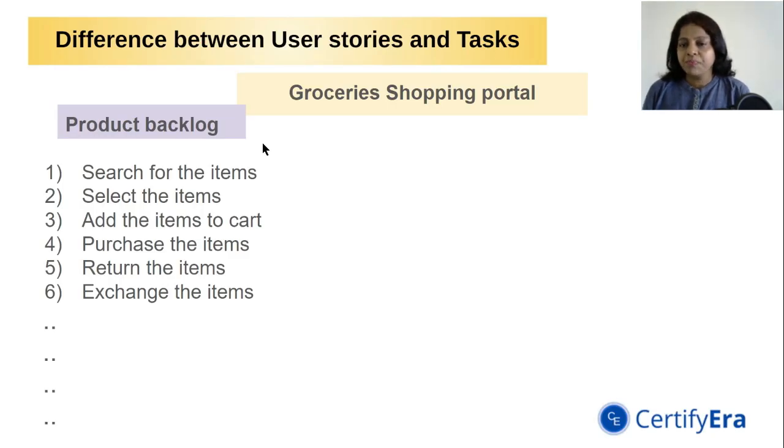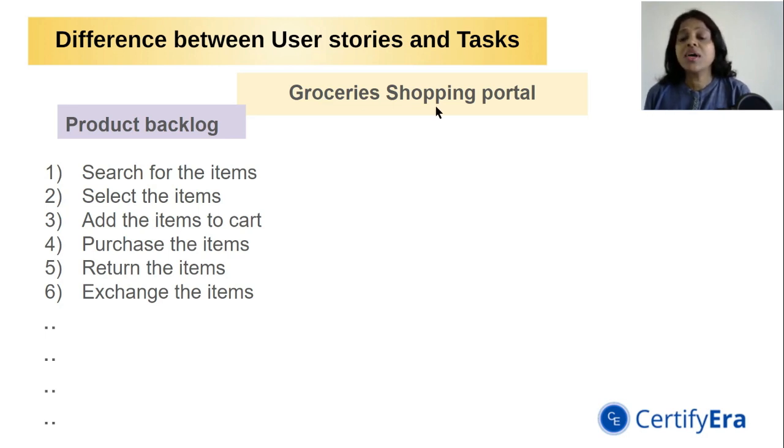So as we know, to develop a product, maybe some software product or a website or any kind of application, we need to understand the different features that we need to build in the product. For example, in a shopping portal, say a grocery shopping portal, we need to understand all the different functions we want to have in the final product.